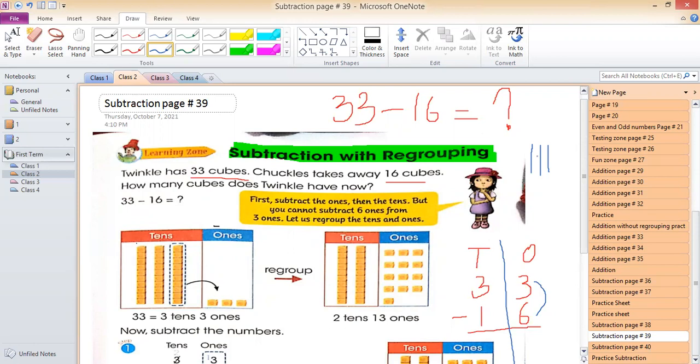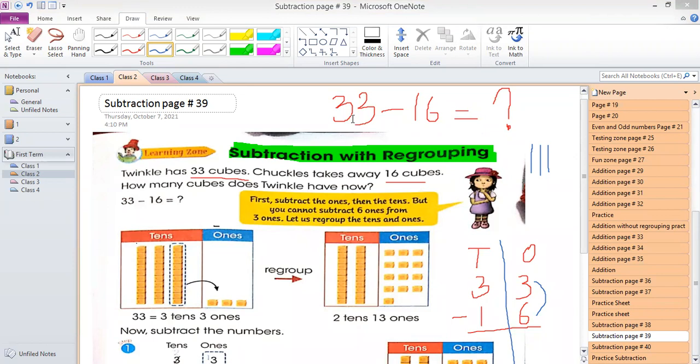So that means you cannot take out a bigger number from a smaller number. You cannot take out 6 from 3 because 3 is smaller and 6 is bigger. Am I clear, guys?